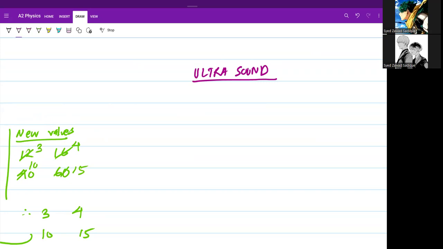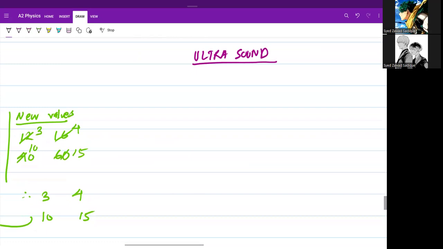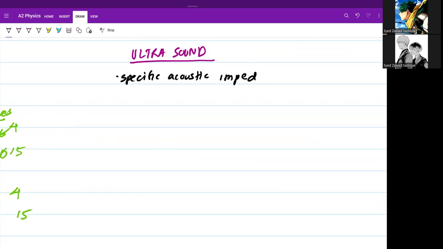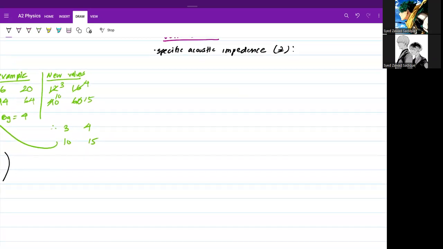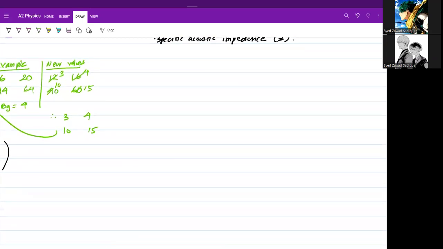Okay. Now, in ultrasound, there's only one thing that we work with, that is specific acoustic impedance, the value of Z. Now, let's say there are two media. We can say this is medium one and this is medium two.